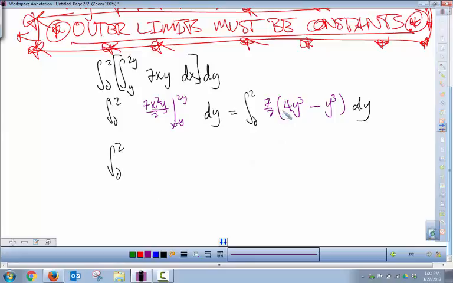So that simplifies to, you can put the 7 halves on the outside, I guess. And the first one will have a 4. Well, this will be a 4 minus 1. That's 3. I suppose you could put the 3 outside, too.